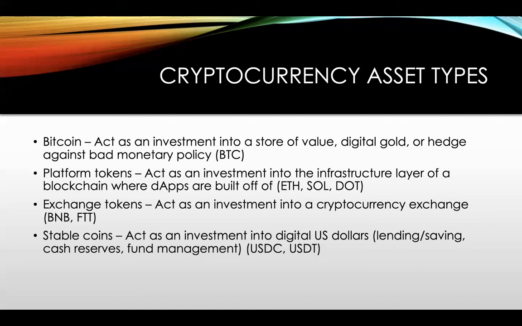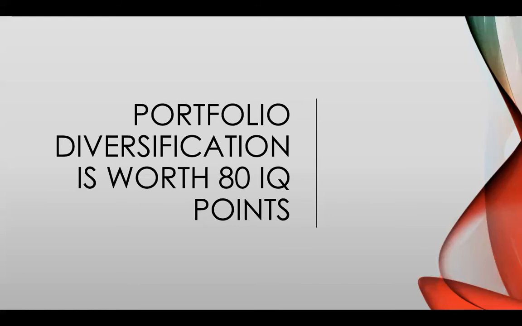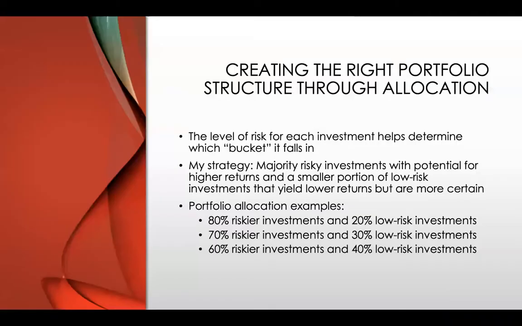And then lastly, we talked about fund management. That's another way you could use stablecoins to generate a return. So this is a statement that I modified from a statement that I heard, which was that perspective is worth 80 IQ points. I changed it to portfolio diversification is worth 80 IQ points. Because diversification means you're spreading your capital across multiple different types of assets.